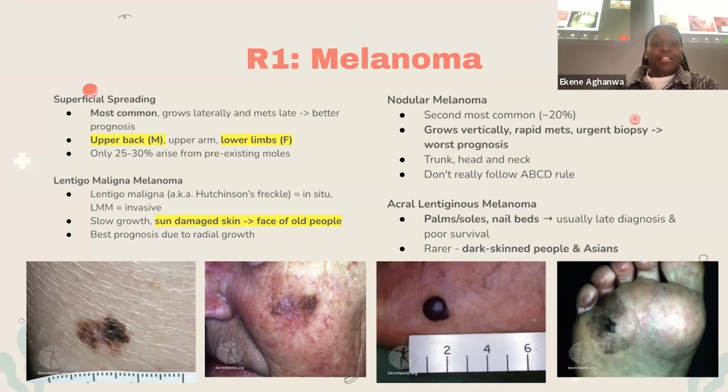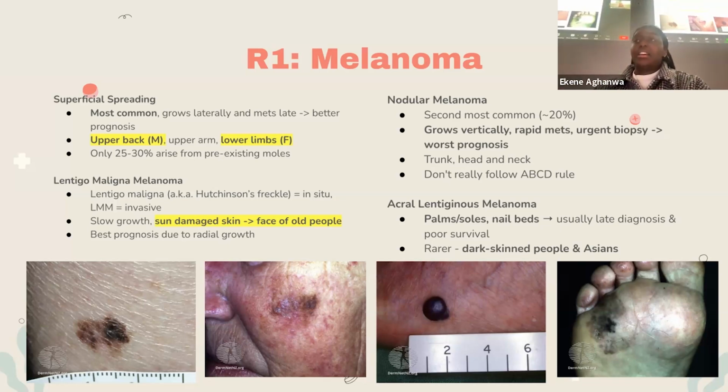Lentigo maligna melanoma is another one with a good prognosis, because it has radial growth. In questions, they'll talk about a lesion on the face of an older person that comes from sun-damaged skin. Then we have acral lentiginous melanoma, and this is the one that appears on the soles and the palms of people's hands and feet.